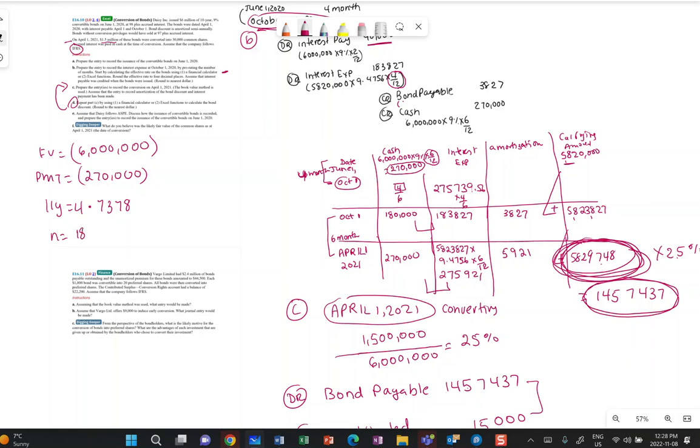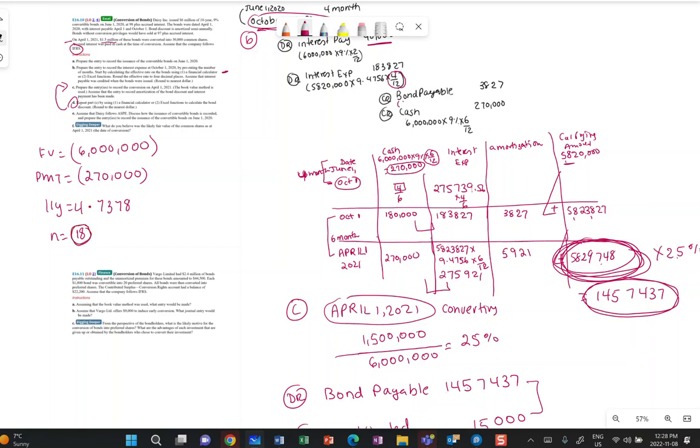So when we did the entry on October 1st, N was 19.667. Now some months have gone by, so now it's 18 months. How did I get the 18 months?